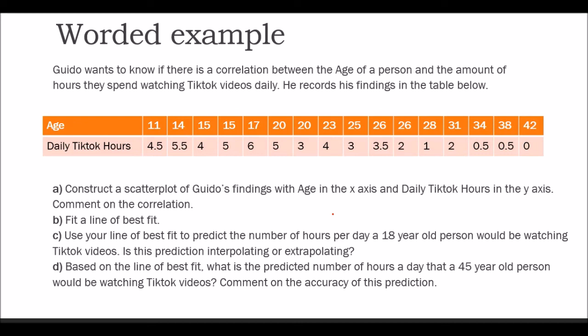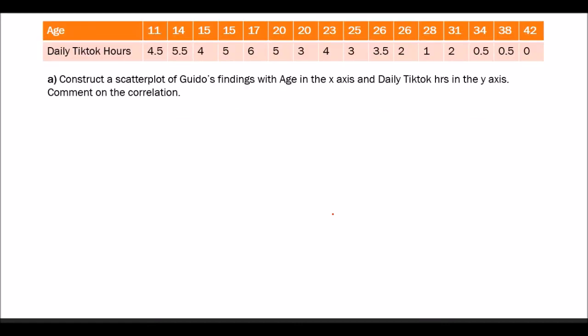Is this predicting an interpolating or an extrapolating type of prediction? Part D, based on the line of best fit, what is the predicted number of hours a day that a 45-year-old person will be watching TikTok videos? So your parents, would they be watching TikTok videos? Interesting.